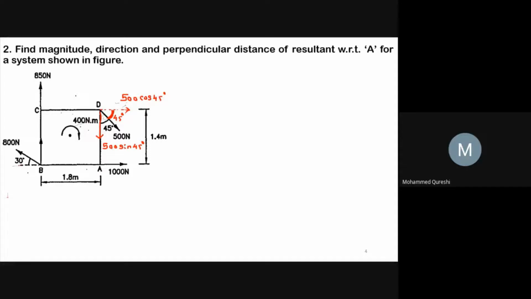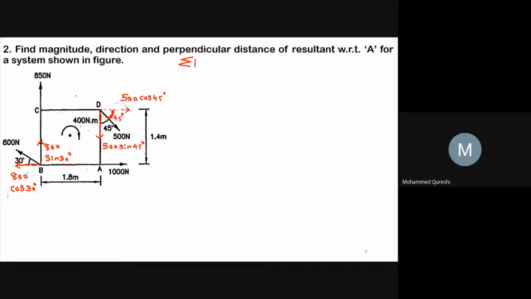Here also 800 making an angle 30 degree with the horizontal only. So here 800 cos 30 degree and the second component will be 800 sine 30 degree. So let us go for summation of horizontal forces and summation of vertical forces.